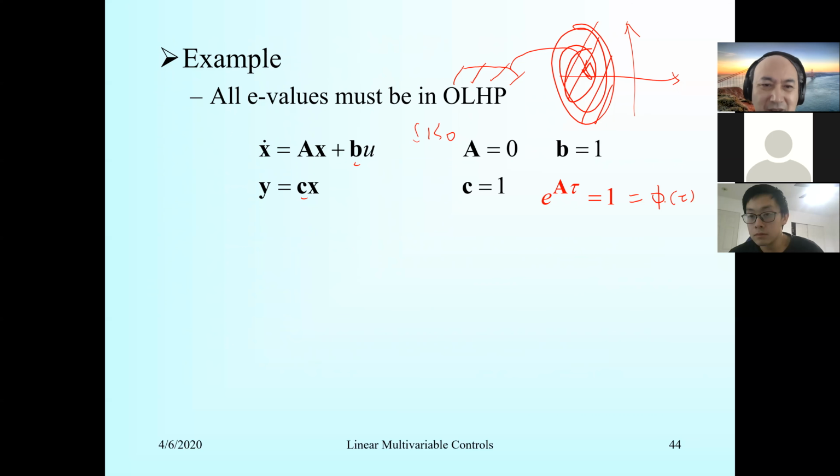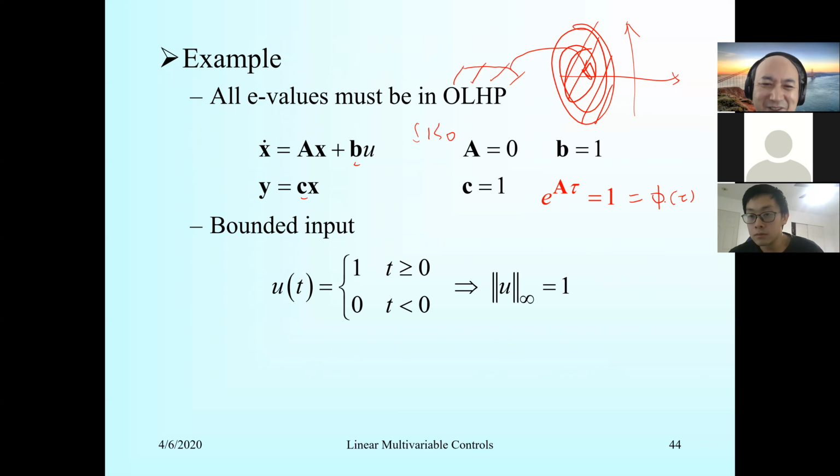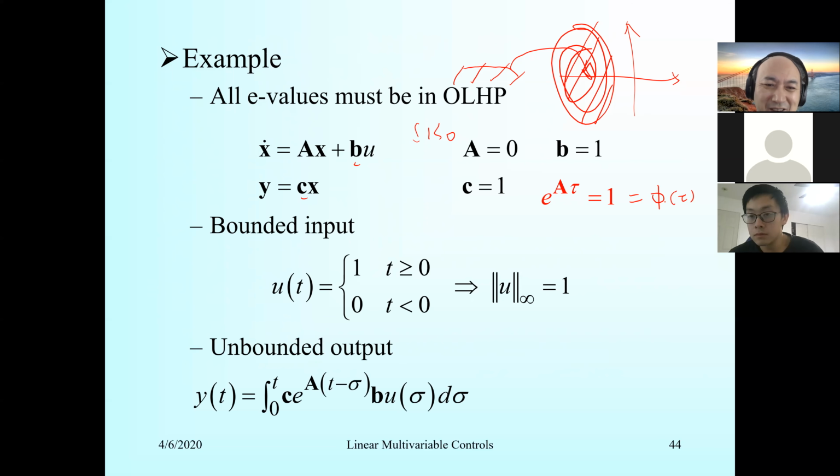Bounded input, then this is 1. Bounded output is this one. I will give you also not true, because what? We got a t in here. In other words, the whole system is something like this. You have u in here, you have y in here. What's in between here?